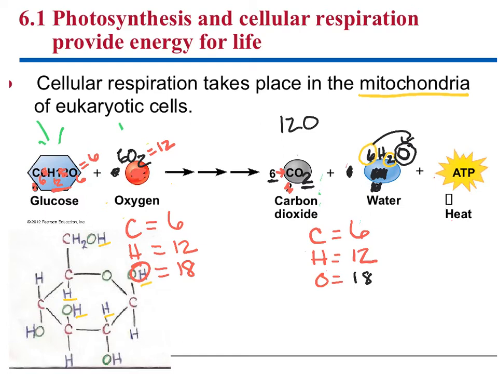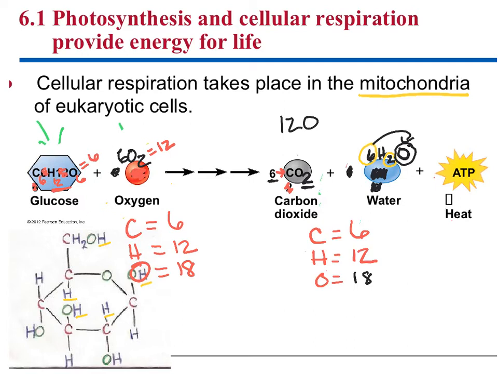So on the left side of the equation and on the right side of the equation, we've got the same number of carbons, hydrogens, and oxygens. The only thing that this cellular respiration process does is rearrange atoms by breaking bonds and harvesting the energy in those bonds to phosphorylate ADP, or create ATP.